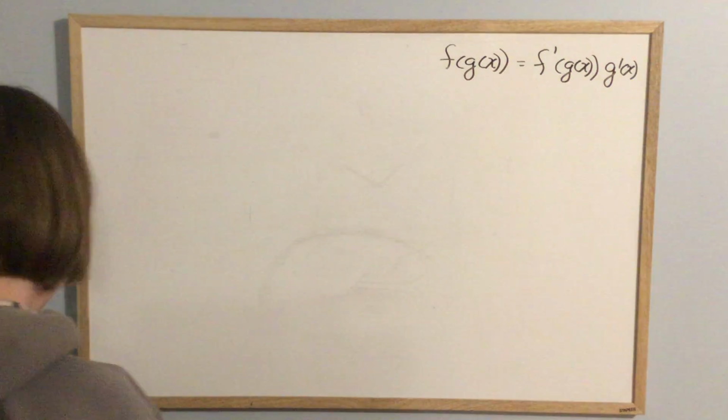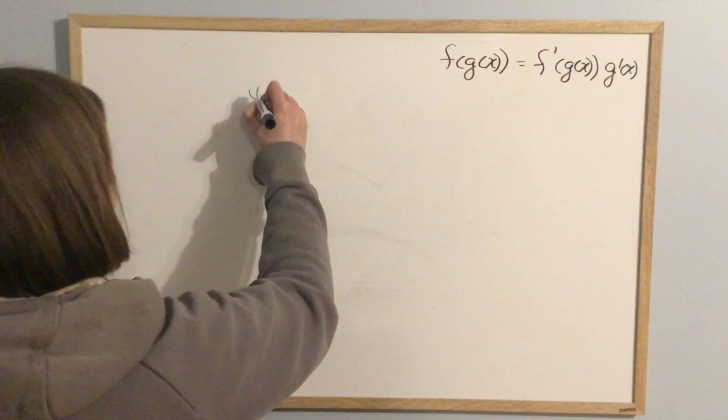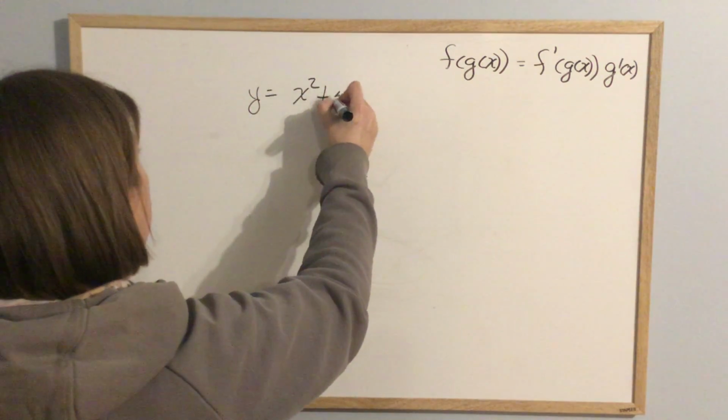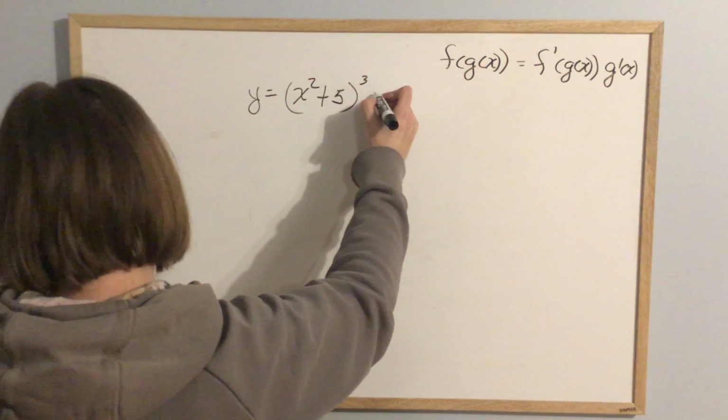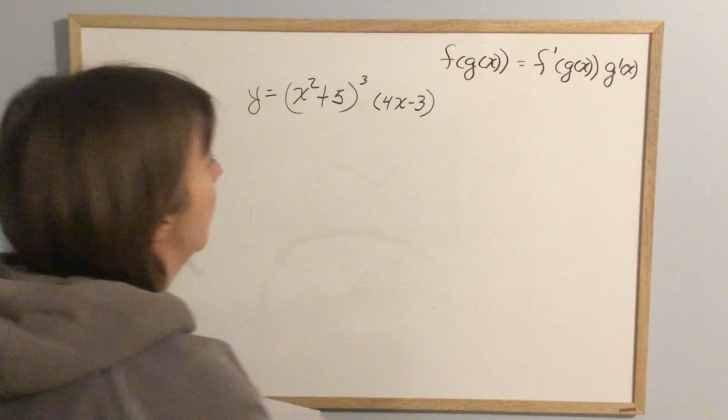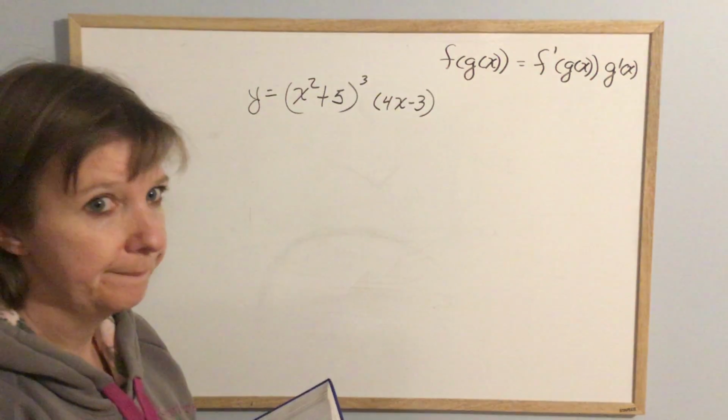And so the first one is they give us y is equal to x squared plus 5 cubed times 4x minus 3.